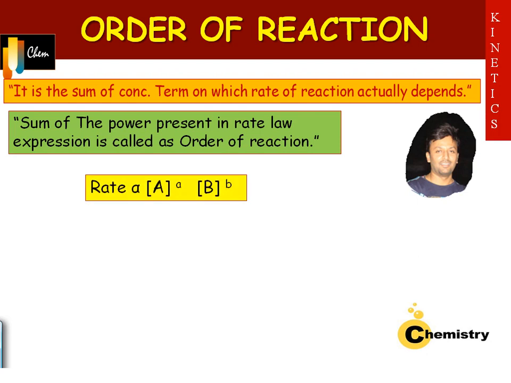For example, if this is the rate law expression, the powers are a and b, so the order of reaction is a plus b. So the sum of the powers present in rate law expression represents order of reaction.